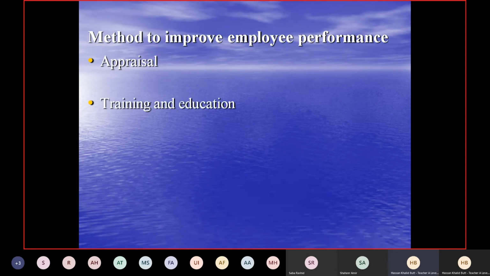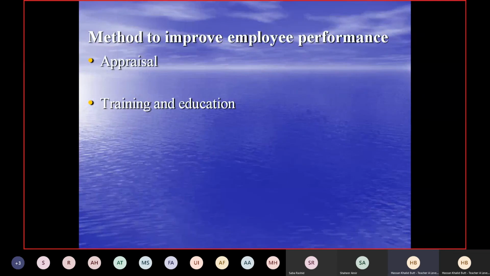Then we have training and education. Again, it is possible, yes, if you think that the employees lack skills and have not been given sufficient training to operate a certain machinery, or to perform their job using a certain method of production. So yes, it is possible. Training and education can also improve the performance of the business, but again, it depends on the reason.